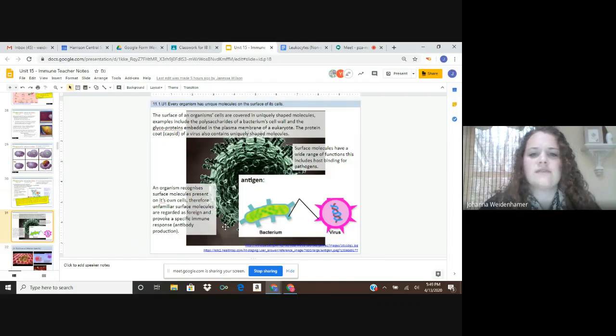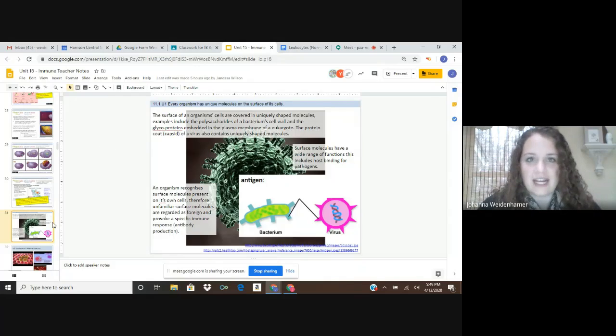So just knowing and understanding that all of these different materials that enter into the body and the materials that are already in the body have these different things on the outside of their surface to help recognize what they are and what their job is. A white blood cell is going to be able to see that a pathogen is there because it notices that on the outside of its surface, it's something that shouldn't be in the body.